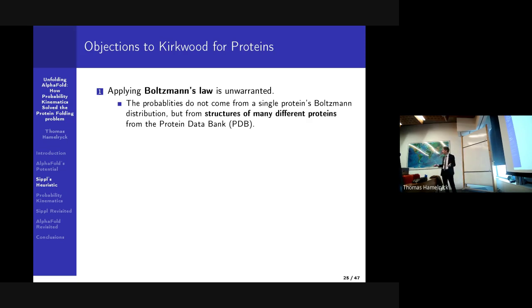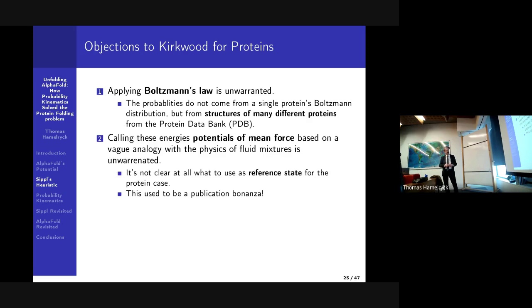It's a very different situation. The second thing is that we basically simply have two ratios of probability distributions over distances, but this similarity, a vague analogy with the physics of liquids, with the physics of fluid mixtures, doesn't really explain why these potentials of mean force work, or why it would be warranted to use an expression like that.